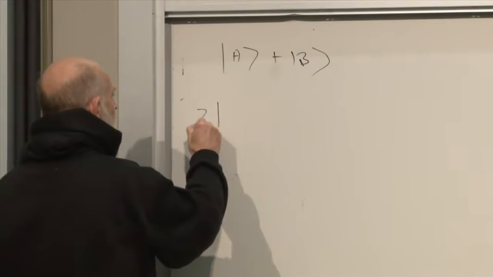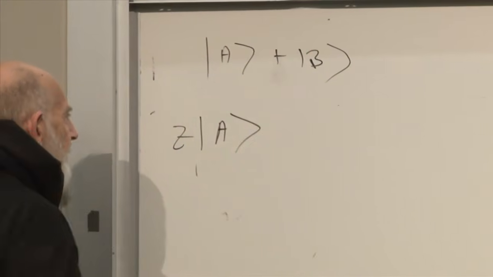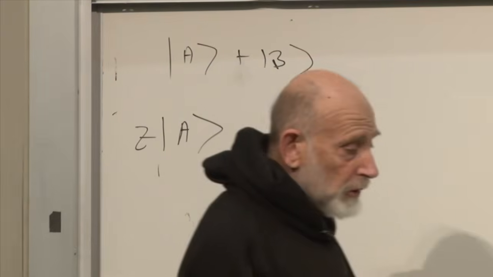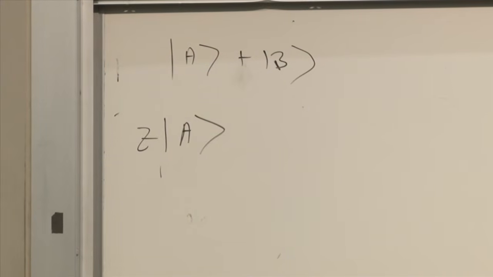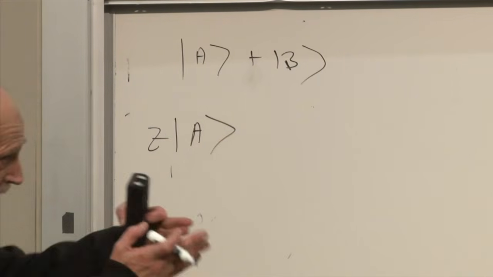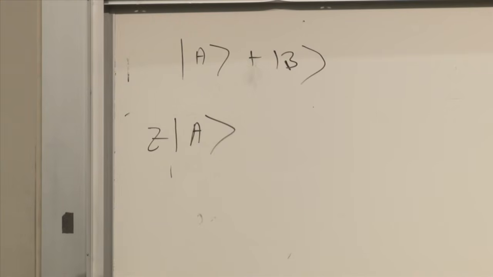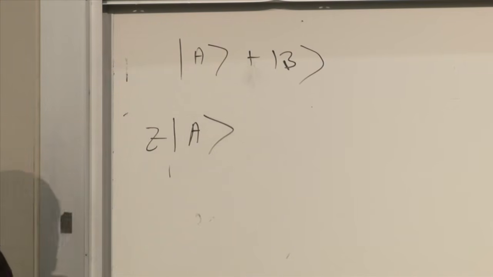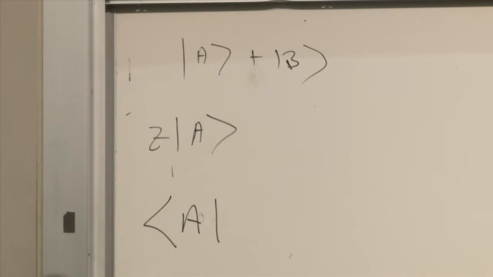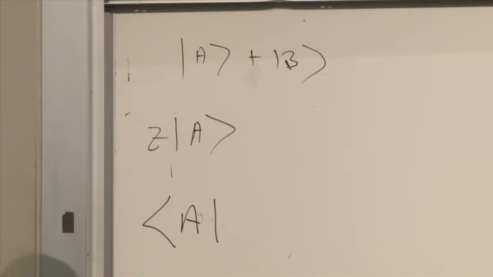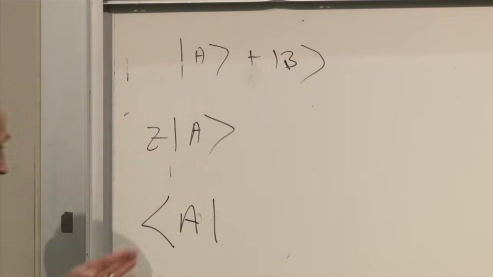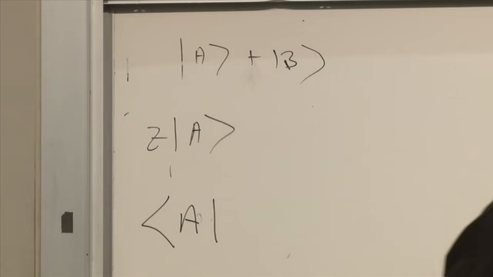You can multiply them by complex numbers. Every vector has a dual vector, which is kind of its complex conjugate. If we call these objects ket vectors because they are the second half of a bra ket, then for every ket vector, there is a bra vector, but its status is that of a complex conjugate.